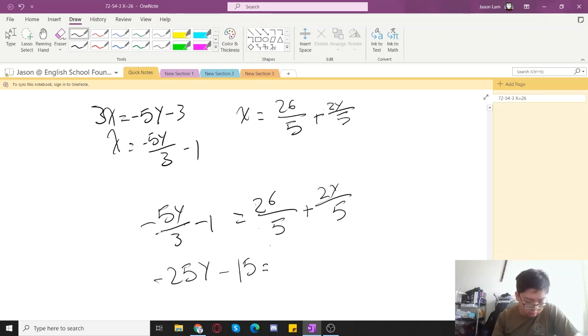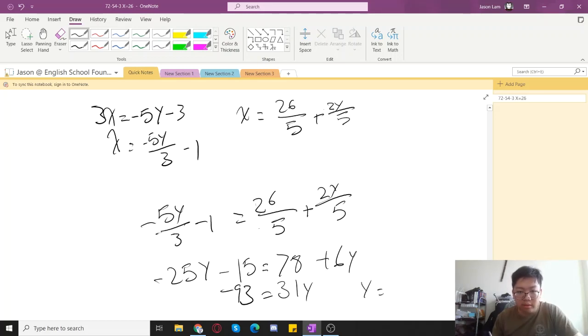26 times 78. Basic arithmetic is bad. 6y. Okay, and then we can just do our thing. So minus 93 is equal to 31y.